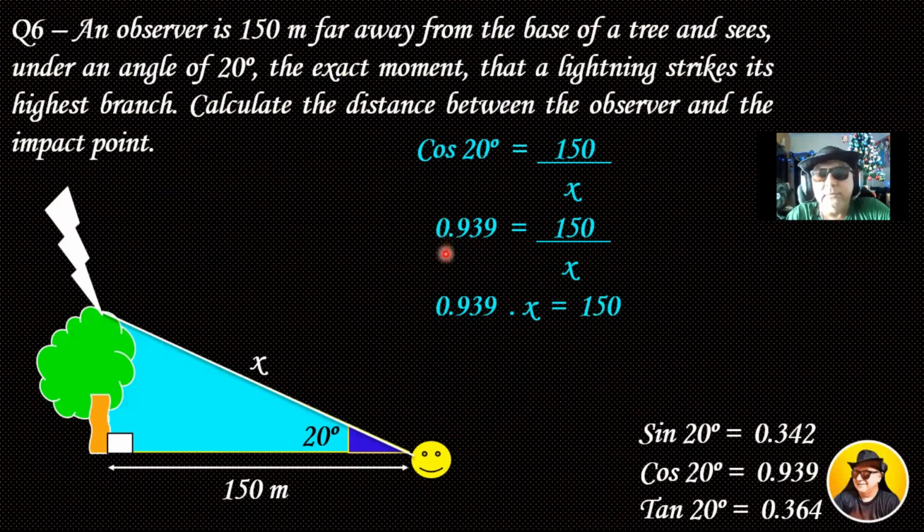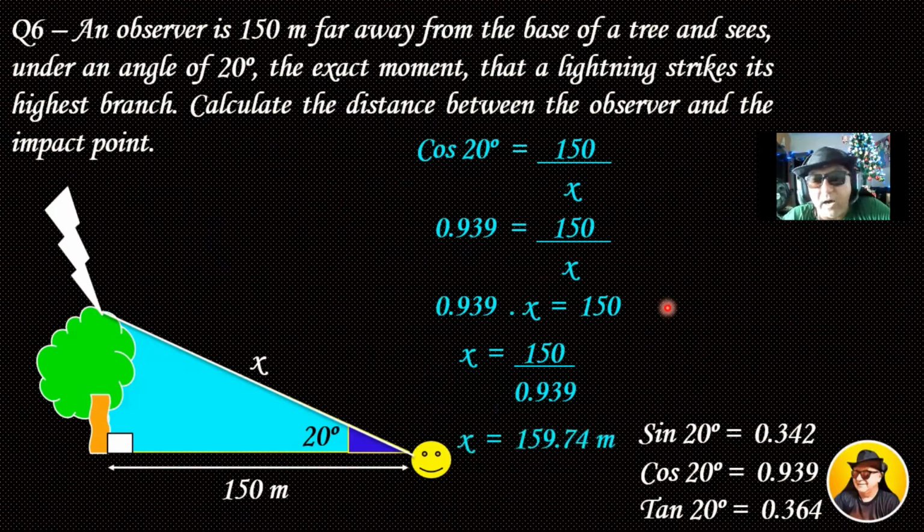And now this 0.939 that is multiplying is going to be moved to the right side of the equation, dividing. So x is 150 divided by 0.939. Doing this division, we have that x is 159.74 meters. This is the answer, okay, of our question number 6.